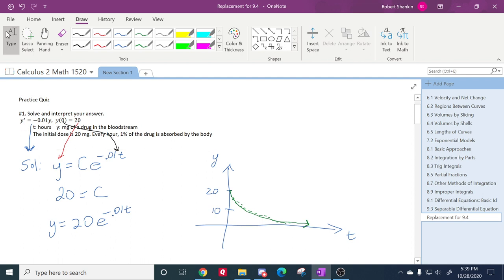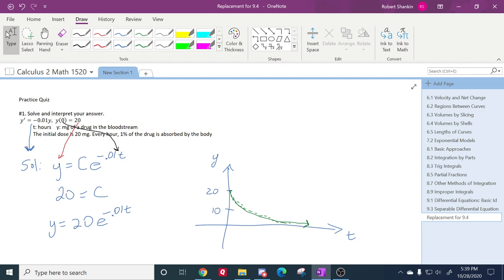You get 20 milligrams in your bloodstream and you get this. Now, and this is kind of just in general for exponential functions, when you lose a certain percentage every time period, you could think of it in a way like there's some portion of the drug that's always going to stay in your body.